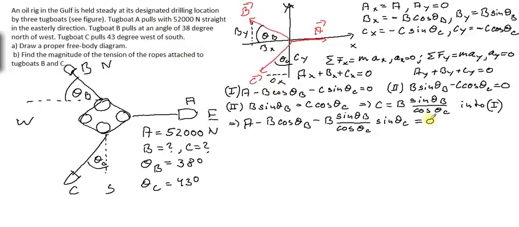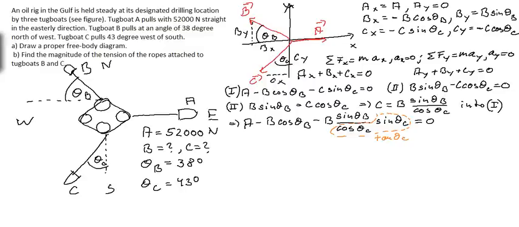Now we have one equation. The only thing we don't know in this equation is the variable B. Note here that sine theta C divided by cosine theta C is just the tangent of theta C.